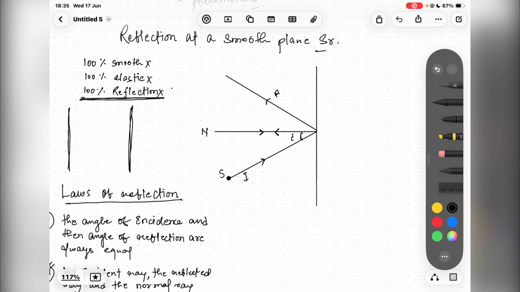So this is the reflected ray, and the angle between the normal and the reflected ray is called the angle of reflection and is denoted by R.